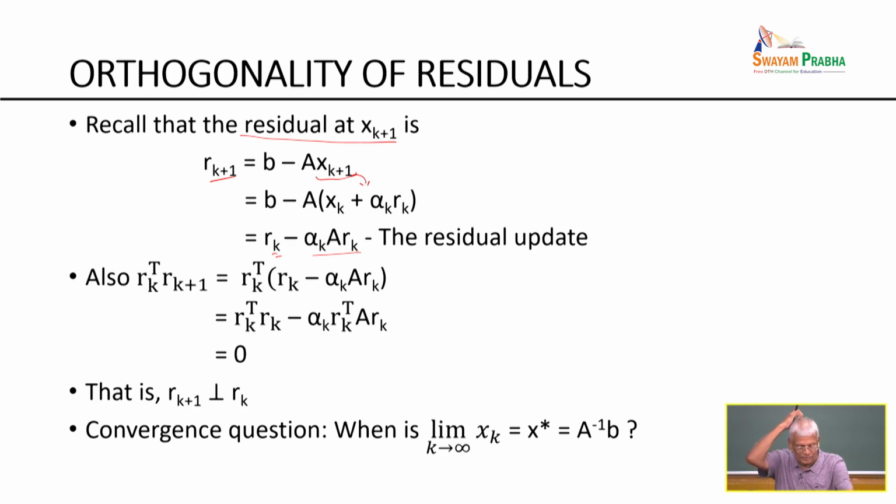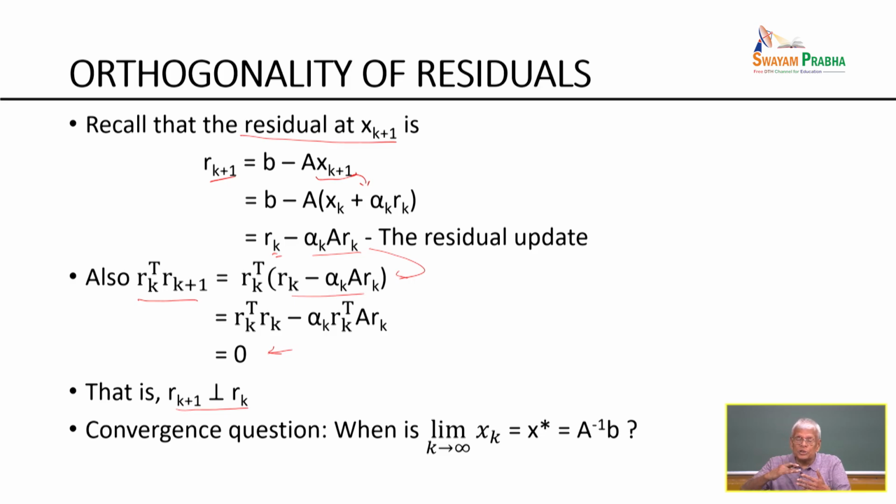So rk plus 1 is a vector, rk is a vector. I am now going to take the inner product of the two vectors. You substitute rk plus 1 from above and simplify, and you get a 0. So what does it mean? Rk plus 1 is always perpendicular to rk. Wow, that's interesting.